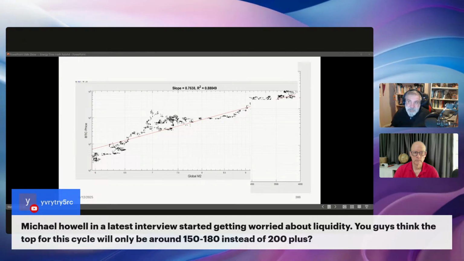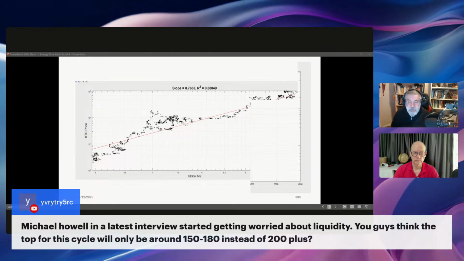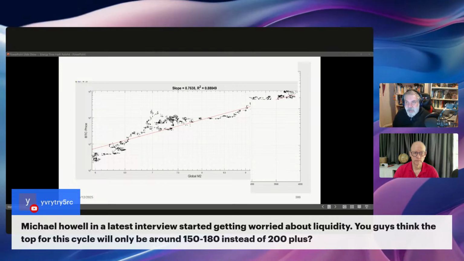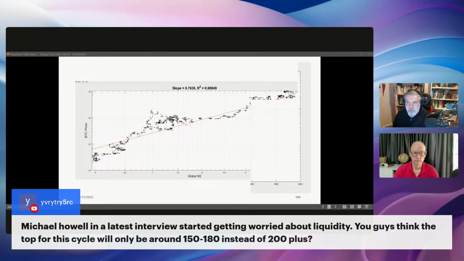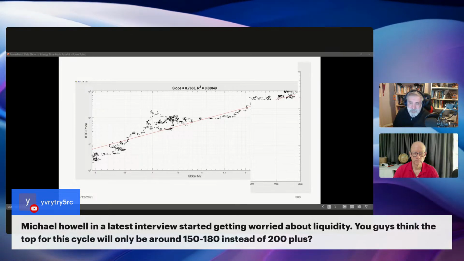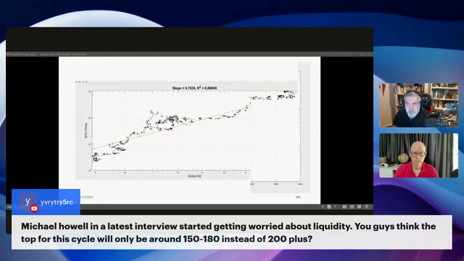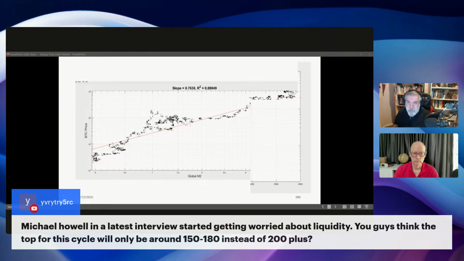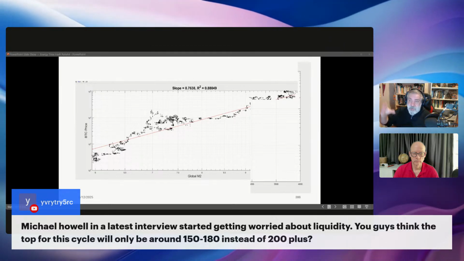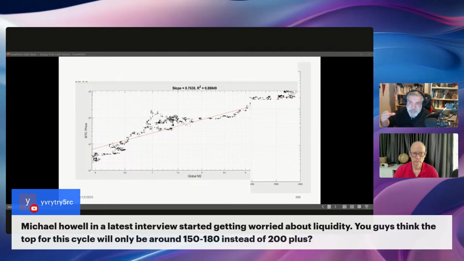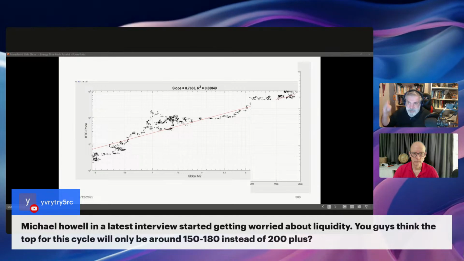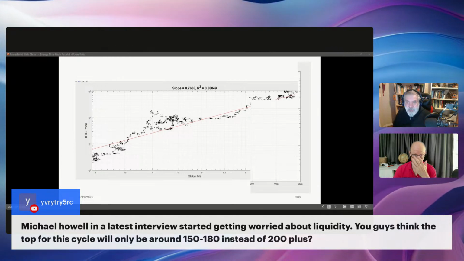And like I said, it is quite different. Now, is it different enough that we can conclude we don't have a cycle this time, that we don't have a bullish behavior? We are above the support by quite a bit. So in a sense, it's bullish, but it's not as bullish as we were thinking.